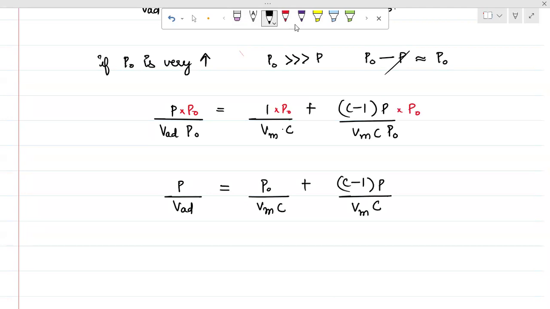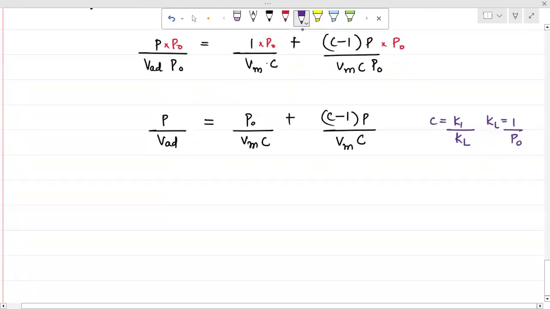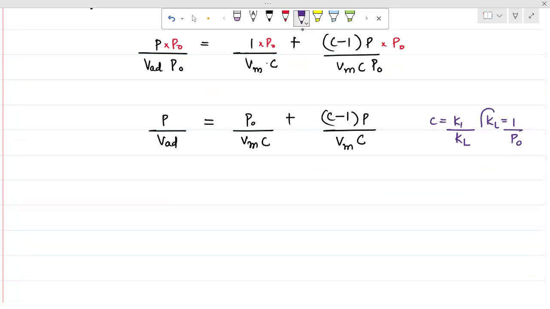Now, we know that C is equal to K1 by KL and KL is equal to 1 by P naught. You know this. We have explained this. So if I put this value of KL over here, C becomes K1 P naught. So C is equal to K1 P naught.